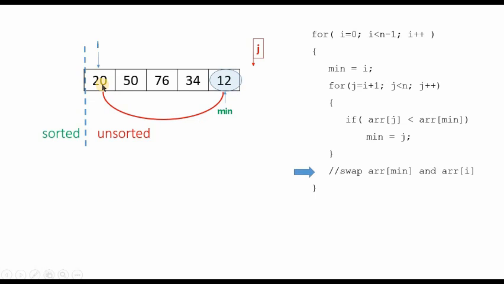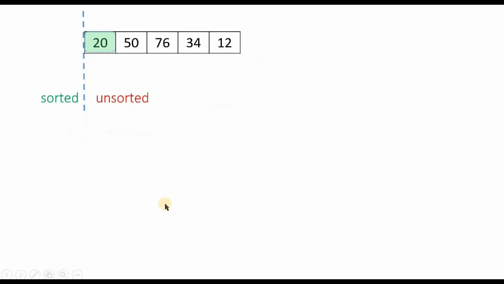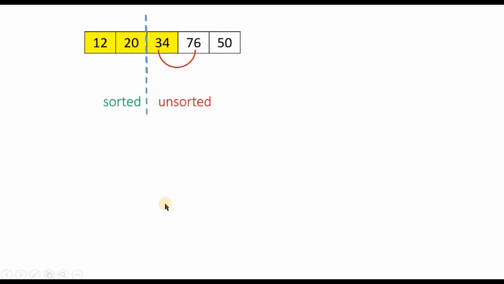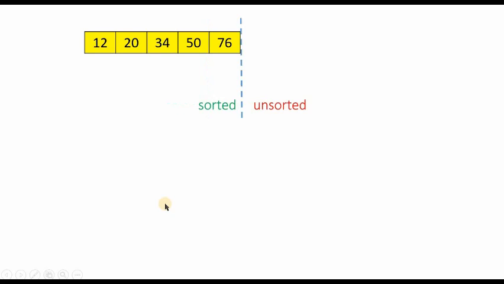This is what happens at the end of each iteration or each pass of the selection sort procedure, and therefore giving us this effect. This is how selection sort works.